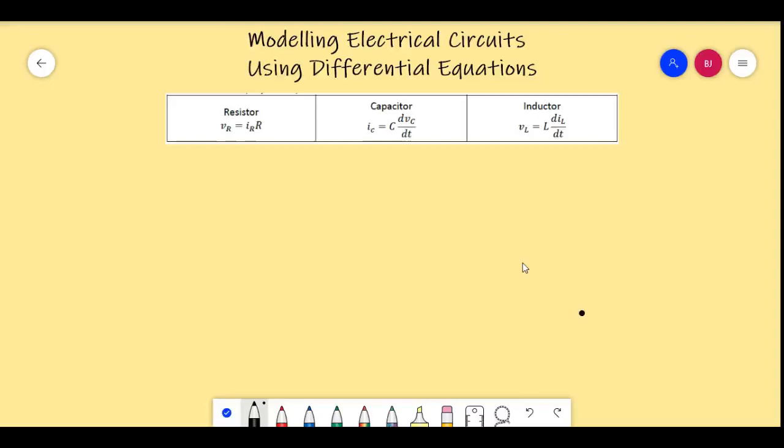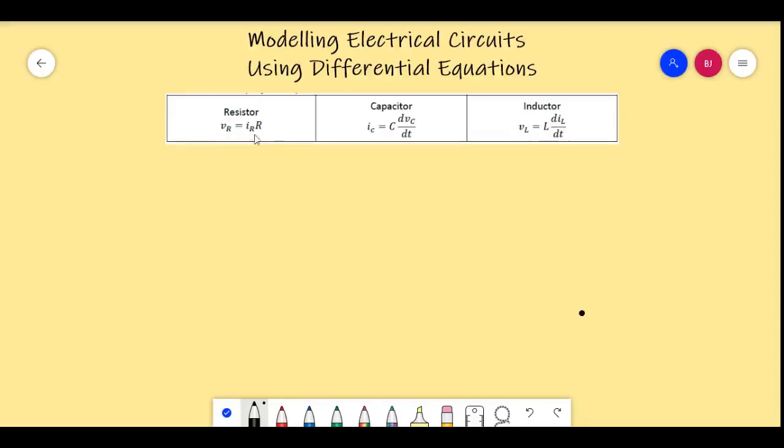We will start with how we represent common electrical components as their differential equation counterparts in terms of their current and voltage.